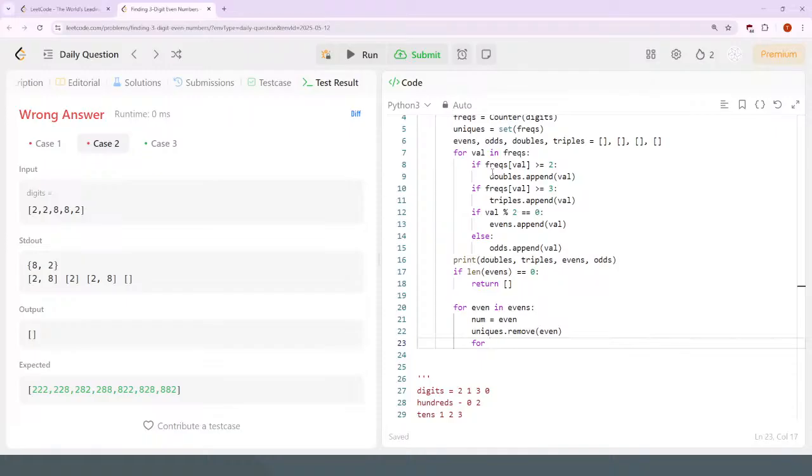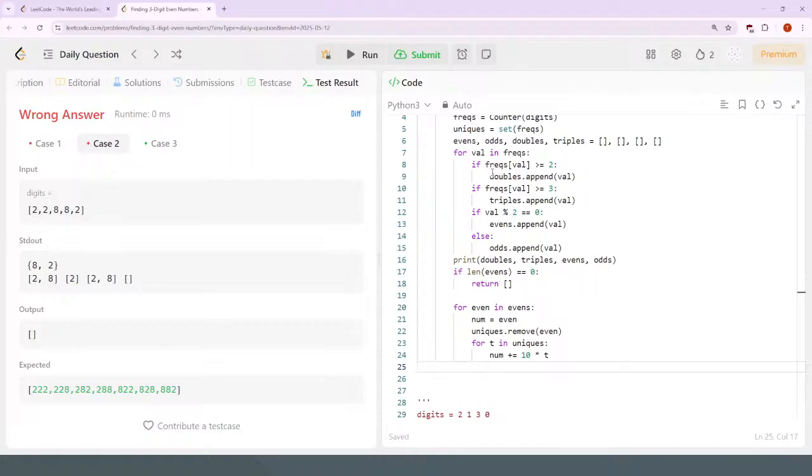And then for every tens value, for every t in uniques, so of my remaining values, any of them could be my tens digit. So num plus equals 10 times t.